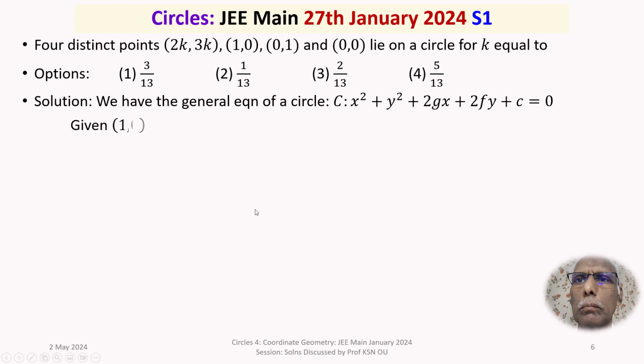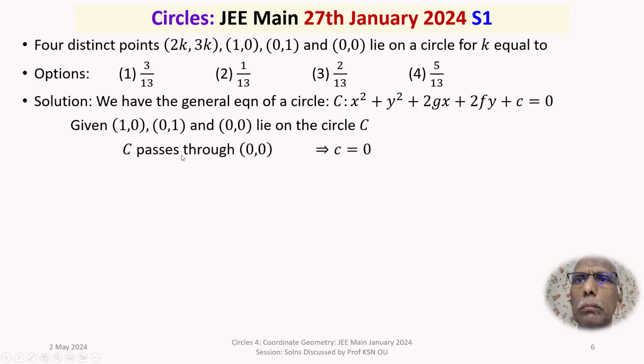Agreed. Now given (1, 0), (0, 1) and (0, 0) lie on the circle C. That means C passes through, let us say, first we take (0, 0). Substitute (0, 0) in the circle C equation, then you will get c equal to 0.